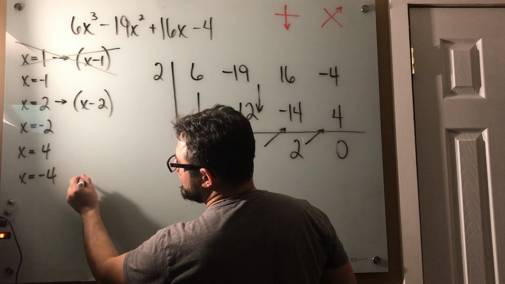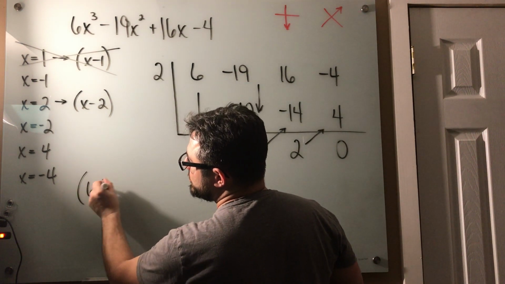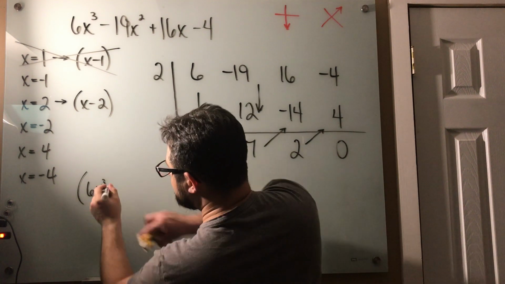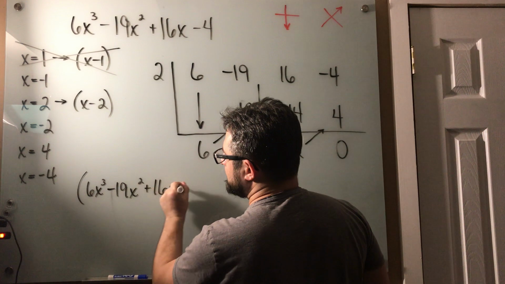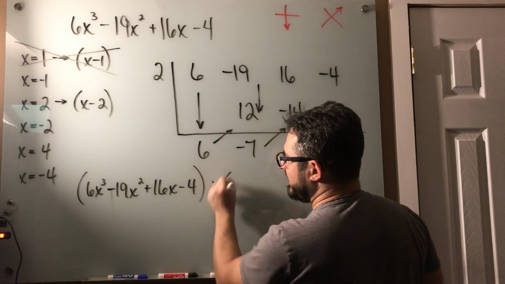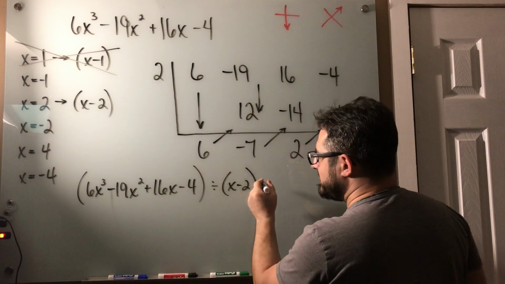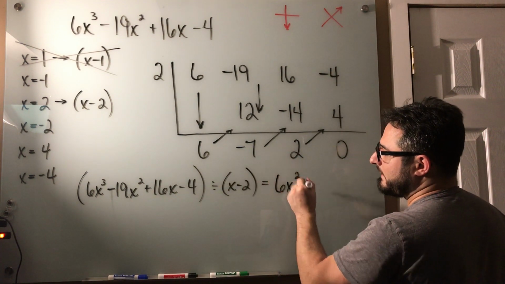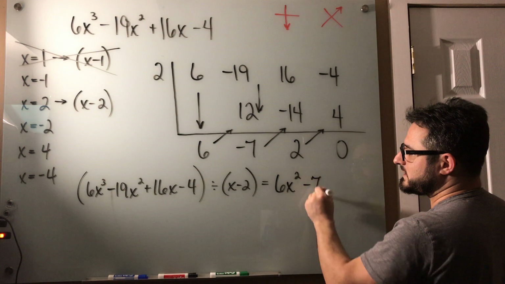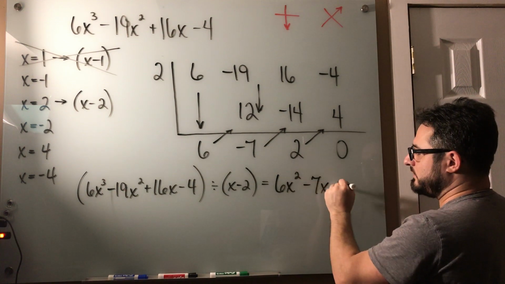So what we've got then is that 6x cubed minus 19x squared plus 16x minus 4 divided by x minus 2 is equal to 6x squared minus 7x plus 2.